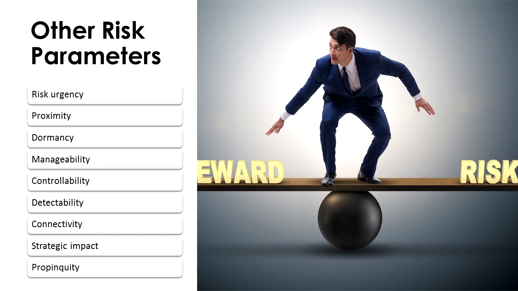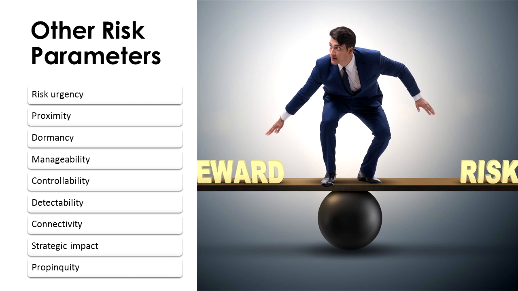Risk urgency refers to the period of time within which a response to the risk is needed. It means that if you don't take action on a risk right now, then it's almost as good as not taking any action. It will not be effective when you finally do. So an urgent risk is one in which you need to take action now. We call that risk urgency.